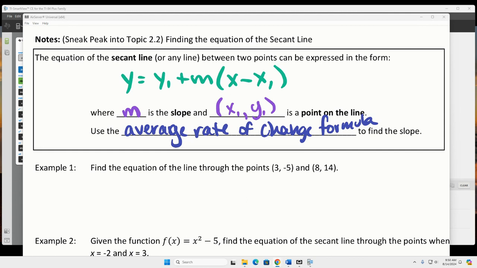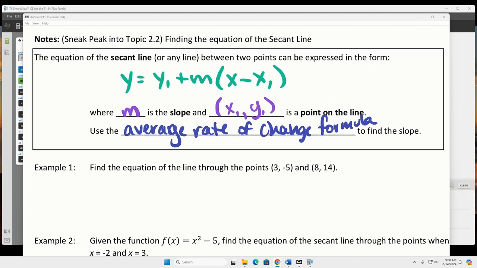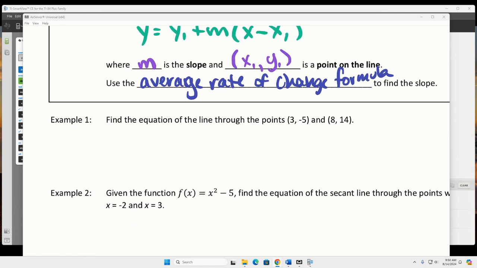All right, so let's start with example 1. Example 1 is about as straightforward as it gets. We have the 2 points, the x1, y1, x2, y2, and we want to find the equation of that line. And so we're going to just start off and find the slope, where we'll just subtract the y's in the numerator and the x's in the denominator.